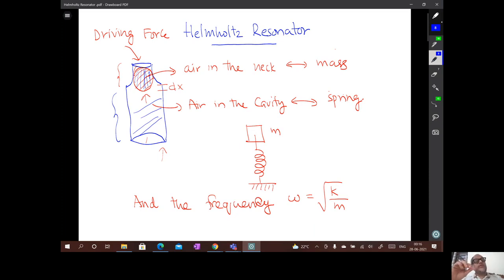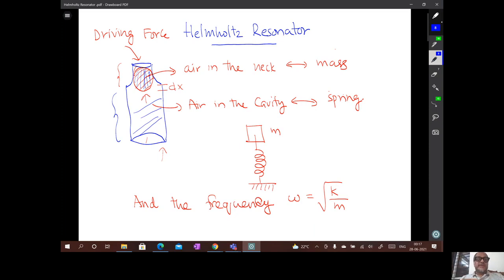Okay, so when you have a driving force, like when you excite a tuning fork and keep it on top, what you are doing is pushing that air down. So in the neck part, there is air which you call acoustic mass. It's actually not the mass in the conventional sense. This mass is pushed down, and the air inside the cavity acts with a force against this.